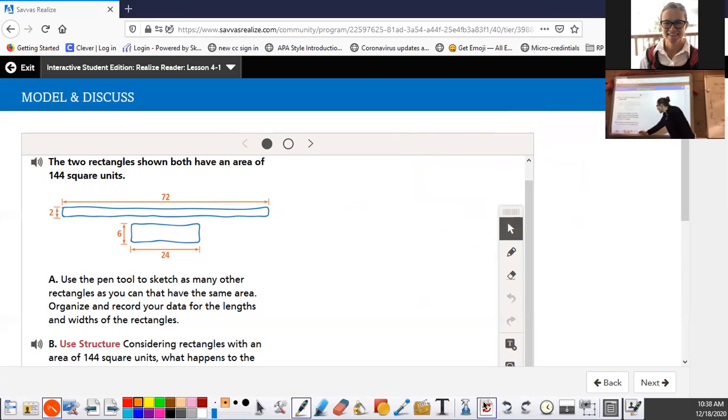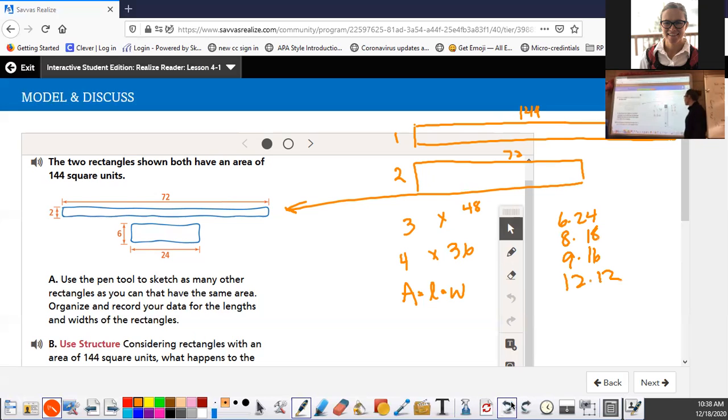So, how did you get that second number every time? Like I knew I wanted 144 for the area. Once you said 4 for the length, how did you get the 36? 144 is the area. If 4 is the length, then I'm wondering what the width is. So I'm going to go ahead and just divide by 4.